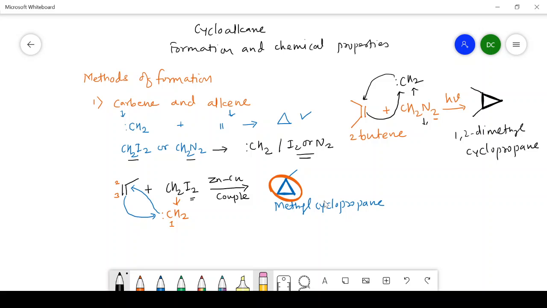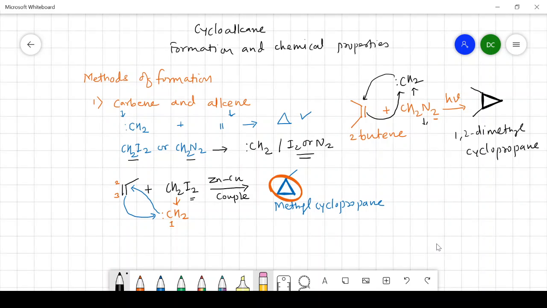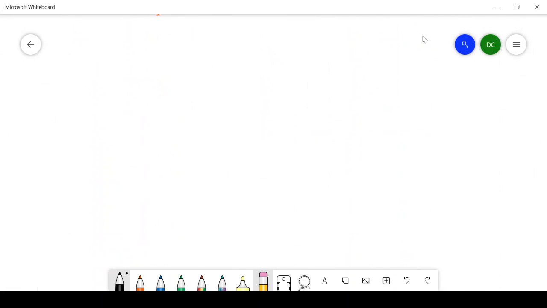Now we will see the second method of formation of cycloalkane, and the second method uses metallic sodium and dihaloalkane. Before starting with this reaction, I will write one reaction that you have learned in the previous standard.